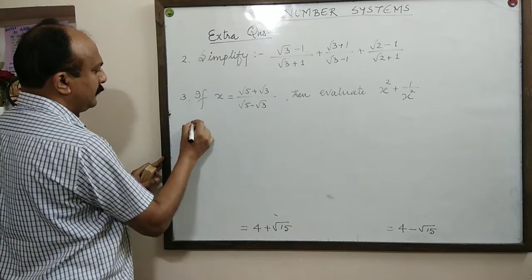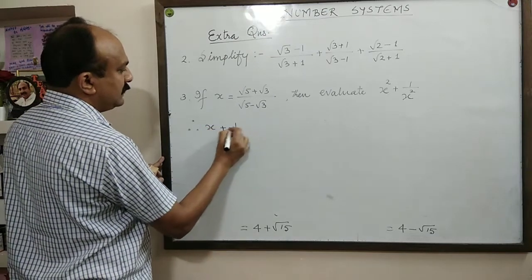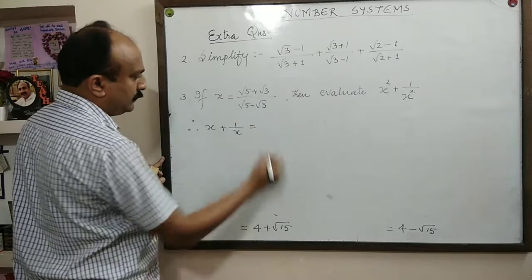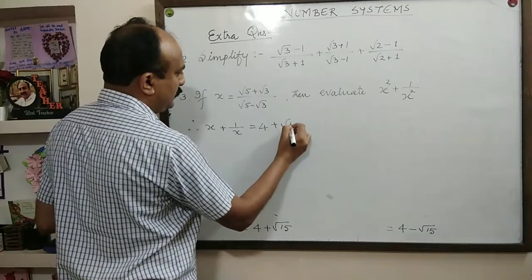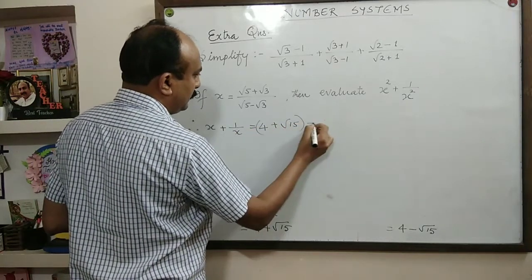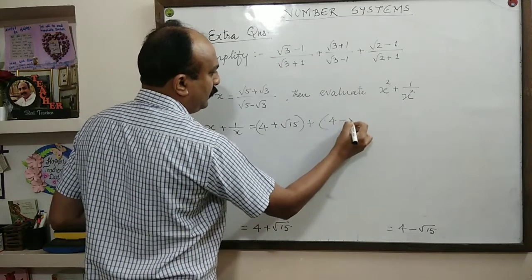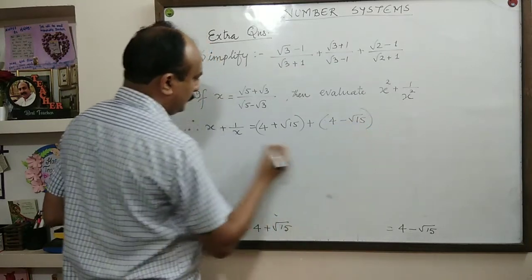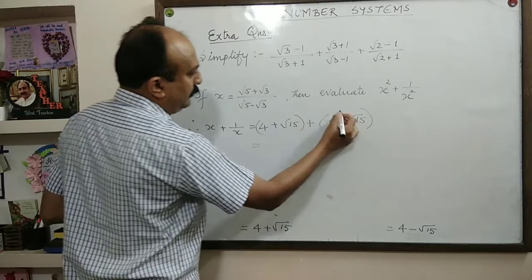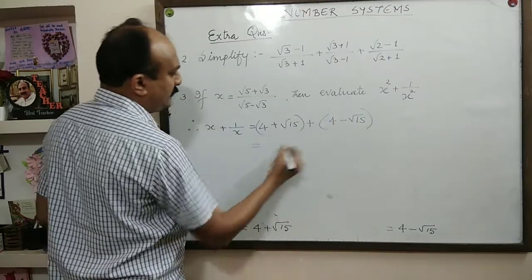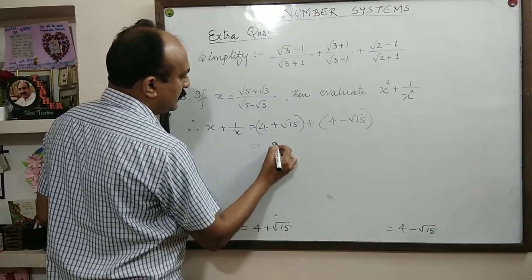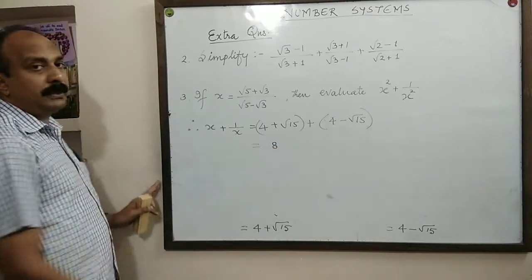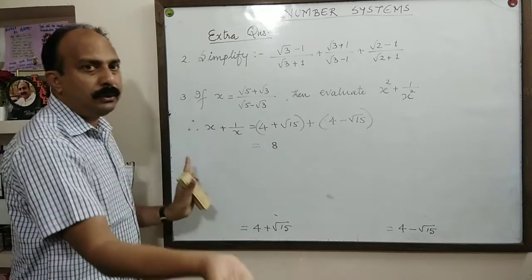Therefore, x plus 1 upon x is equal to 4 plus root 15 plus 4 minus root 15. Plus root 15 minus root 15 cancel. 4 plus 4, 8. So x plus 1 upon x is 8. Now squaring on both sides.